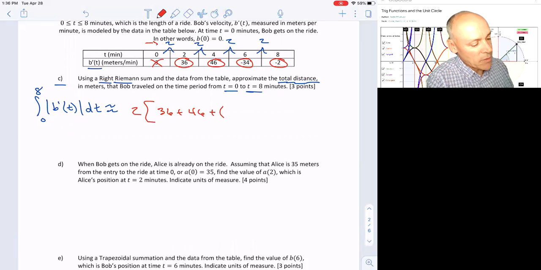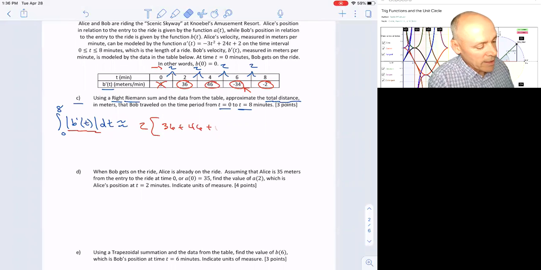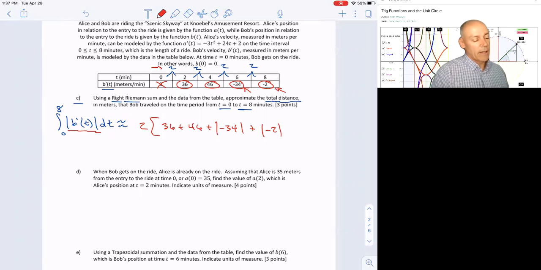absolute value. Now here's where I'm sure students might make a mistake. Since this is the absolute value of B prime at t, I'm really going to change that up. Just change that to absolute value of negative 34, and then plus absolute value of negative 2. These last two values here are negative.